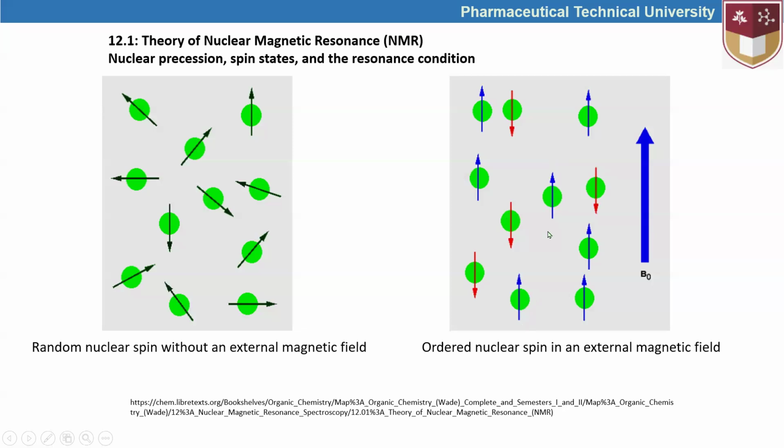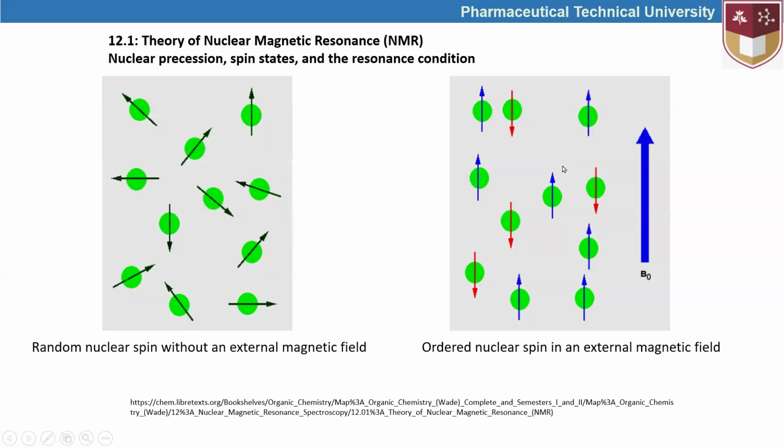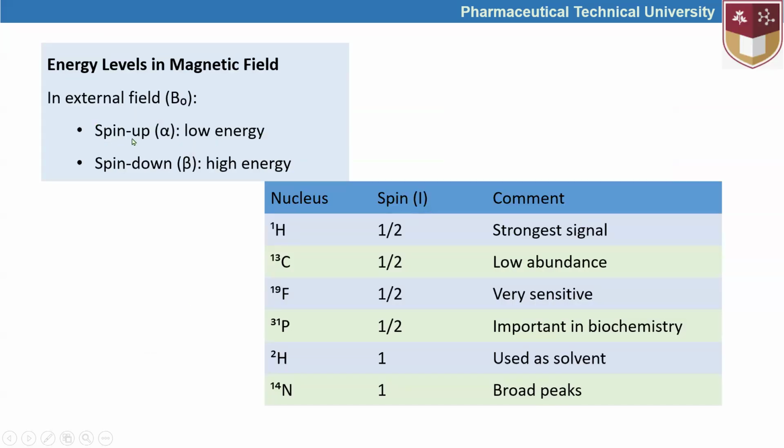The nuclei that have lower energy are aligned with the external magnetic field, and the nuclei that have higher energy have reverse direction against the external magnetic field. And so the ones that have low energy that are aligned, as indicated in blue, with the external magnetic field are named alpha spins, and those that have higher energy are named beta spins.